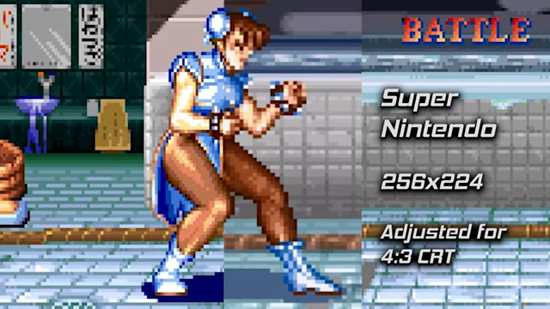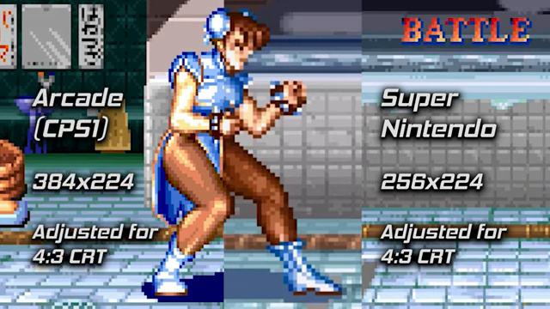Aha! Interesting. The arcade sprite adjusted for 4:3 is congruent with the Super Nintendo sprite adjusted for 4:3 when the two are lined up vertically. This despite the fact that the arcade board has taller pixels and the SNES has wider pixels. This is not a coincidence.